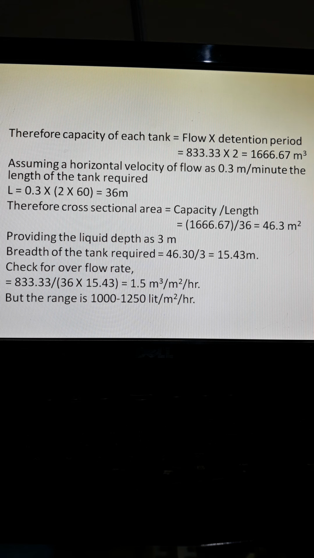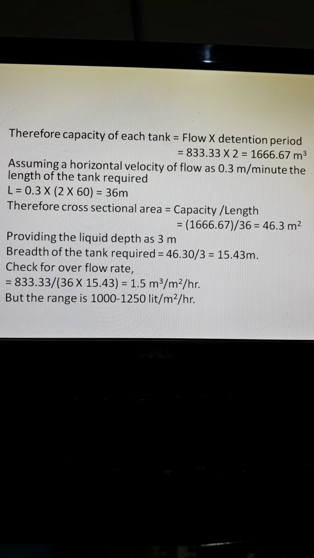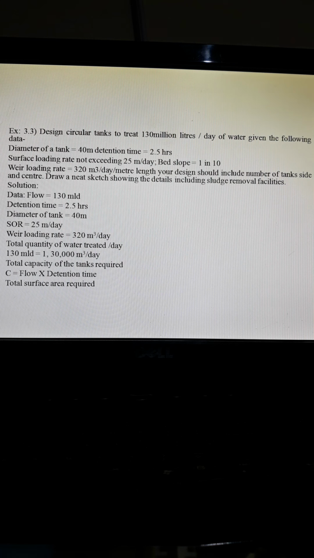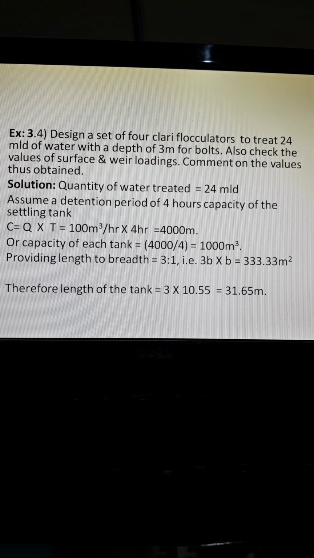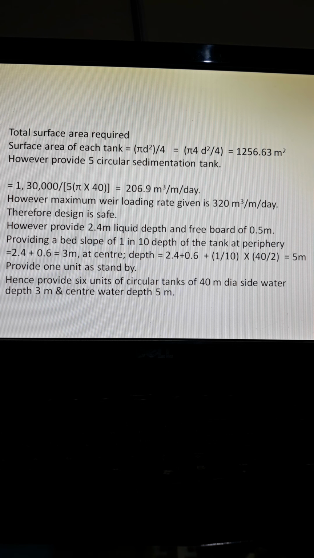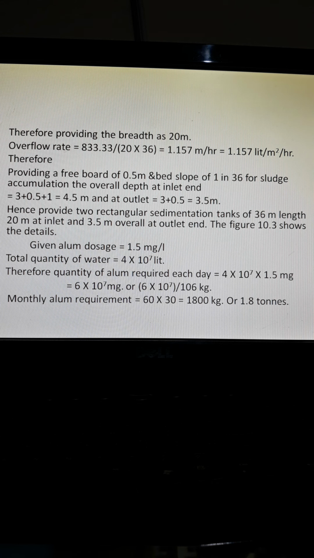So usually the range is 1000 to 1250 liters per square meter per hour. Because here the range suggested is only 1250 liters per square meter in 1 hour, the obtained value, that is 1500 liters, is more than that.